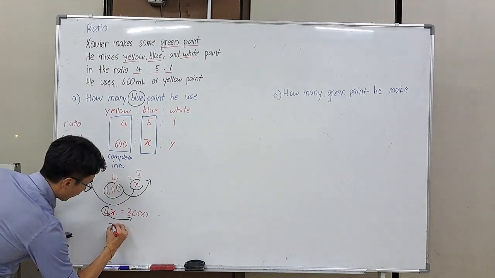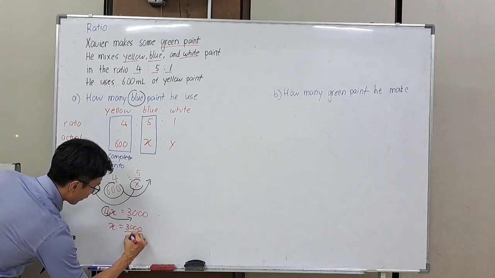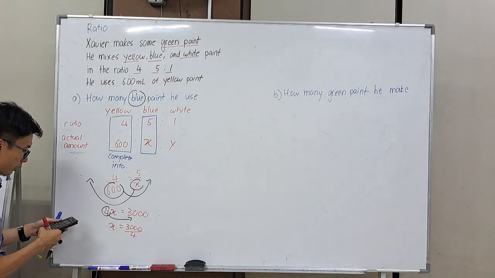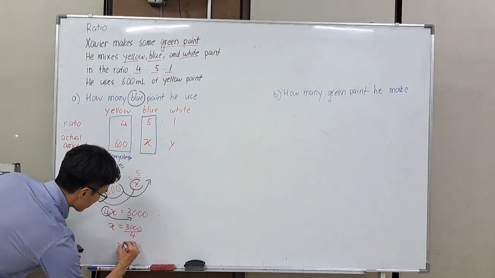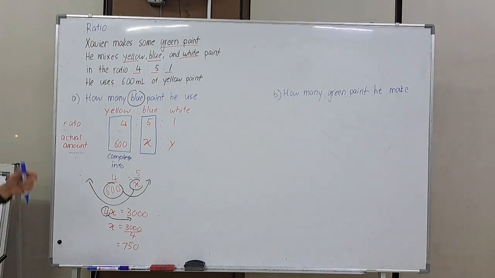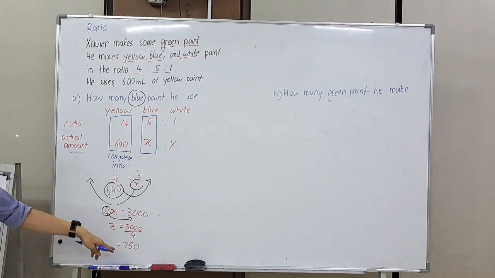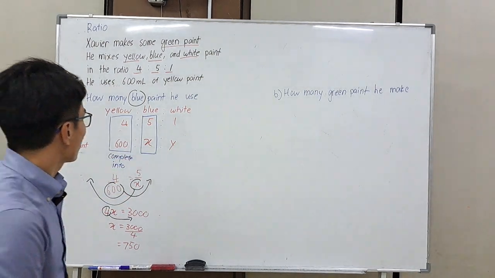So x equals 3,000 divided by 4, which equals 750. So in other words, the amount of blue paint I am using over here will be 750.